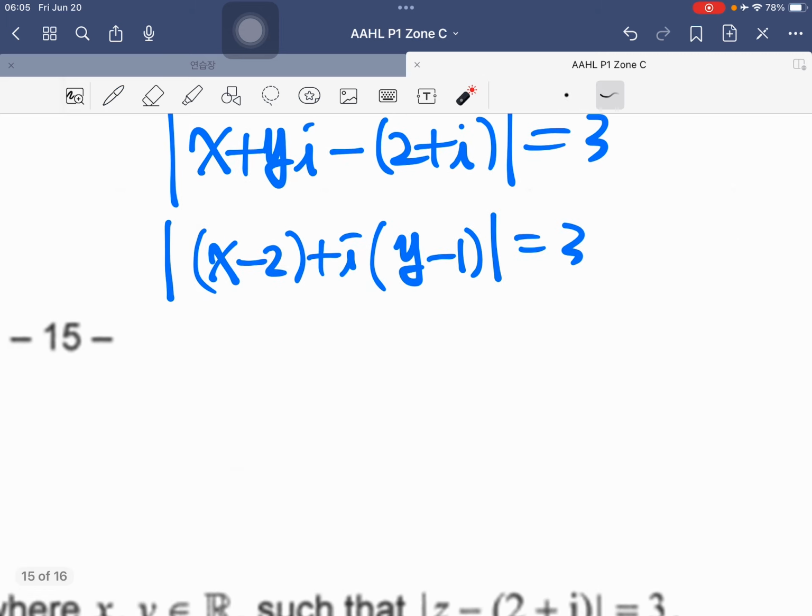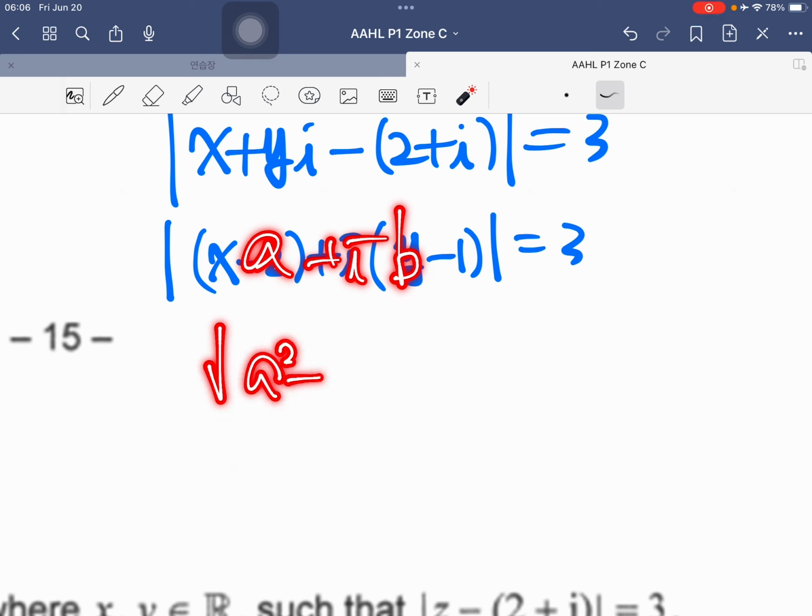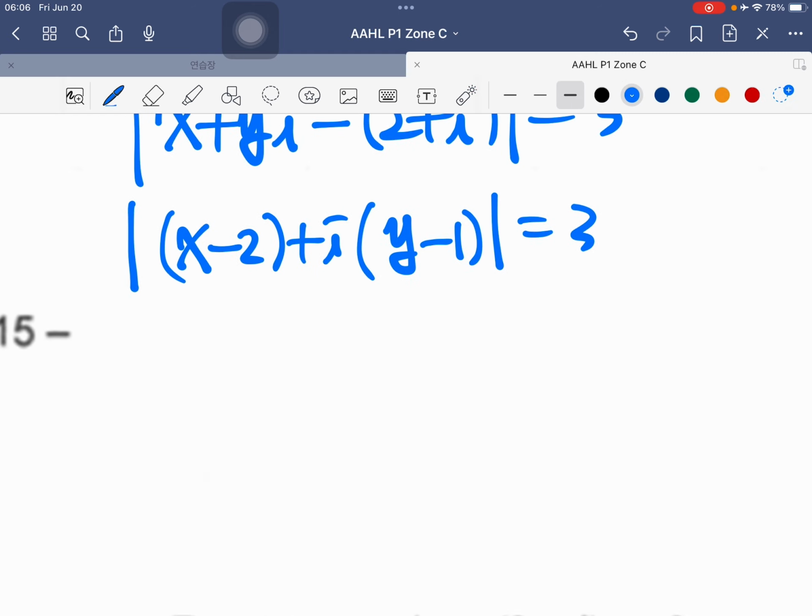The modulus of a plus ib is defined by the square root of a squared plus b squared, right? So we put the square root of (x minus 2) squared plus (y minus 1) squared.